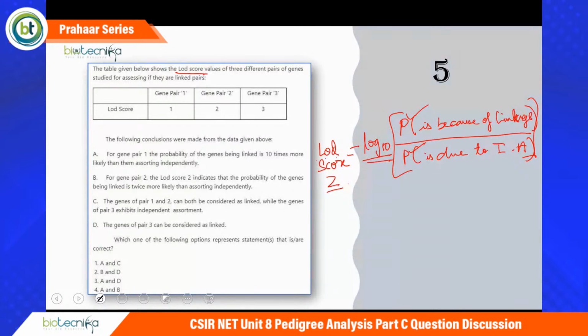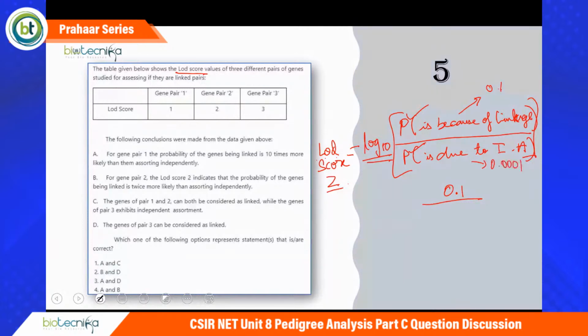Now this LOD score. Suppose we get the probability that the inheritance pattern is because of linkage as 0.1, and the other value is 0.0001.